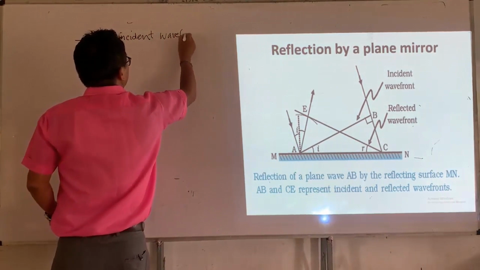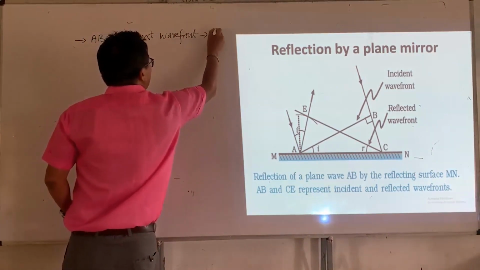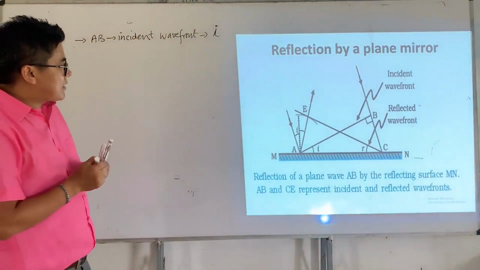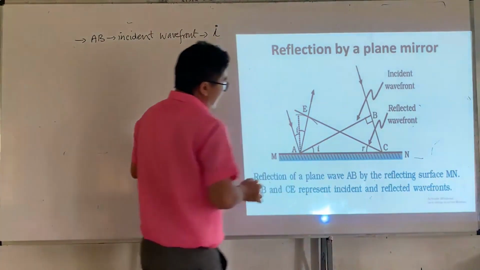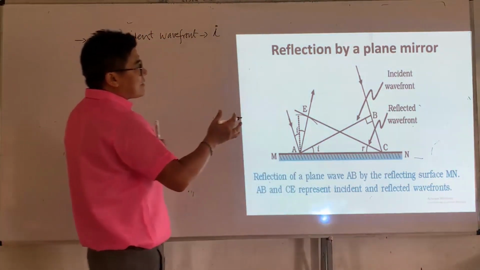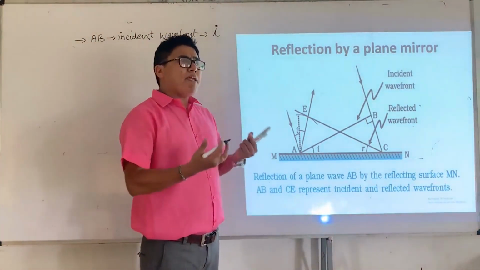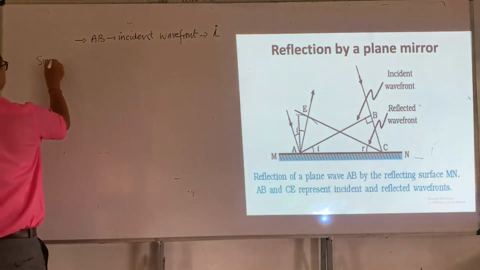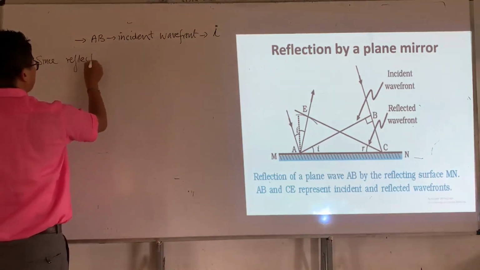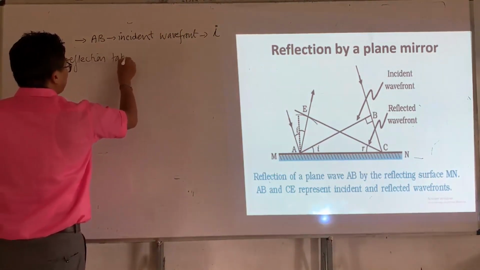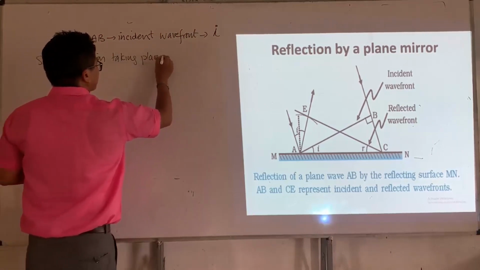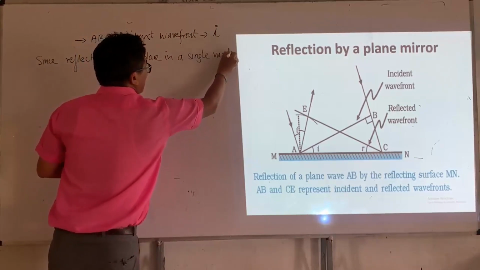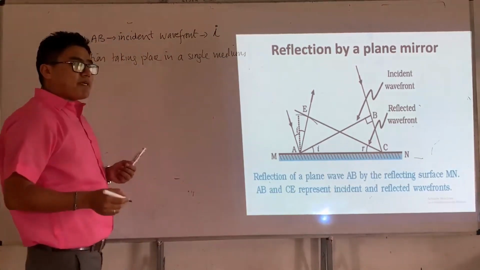Incident wavefront with angle of incidence i. So this is the incident wavefront. Since the reflection is taking place in a single medium, the velocity remains the same.